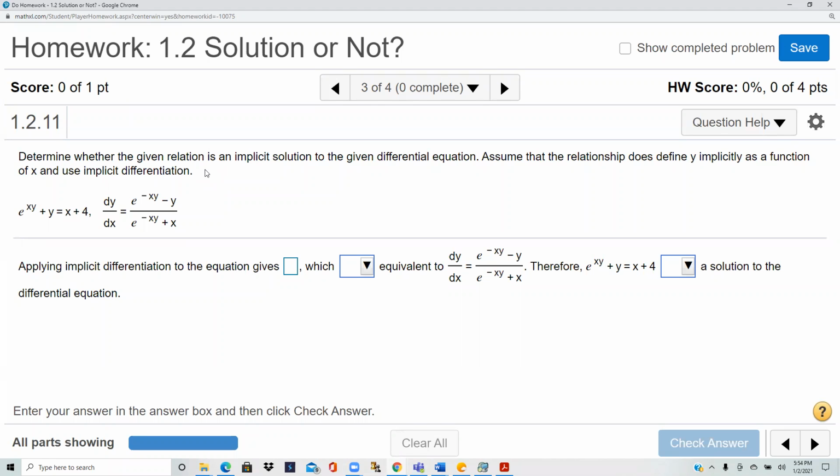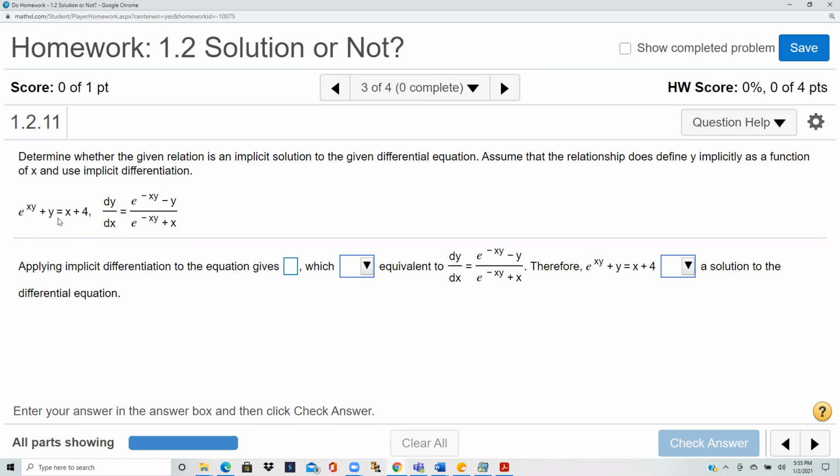Determine whether the given relation is an implicit solution to the given differential equation. Okay, so the difference between this problem and the first two problems that we did in the previous video is that here y is not given as an explicit function of x.